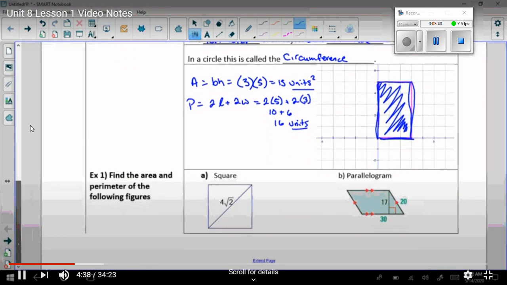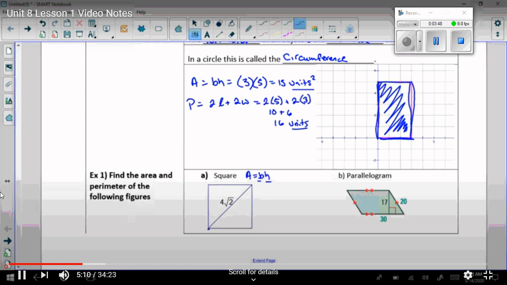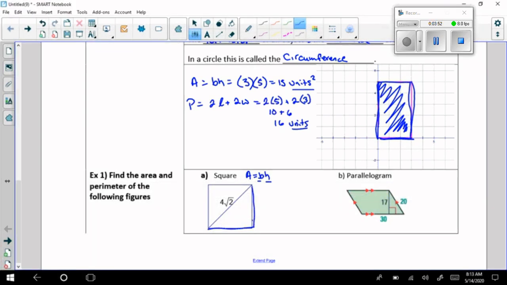All right, so finding perimeter and area, you're going to utilize those formulas. And so like area of a square is base times height. But we don't have either of those dimensions. This is a square, so you can use the fact that it's an isosceles triangle and it's a 45, 45, 90.